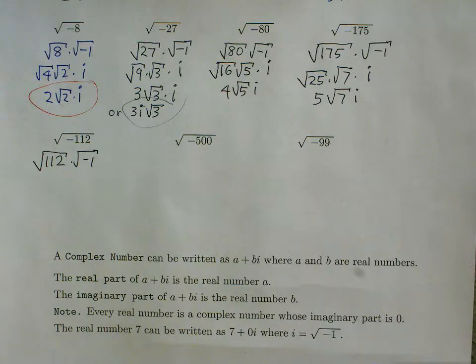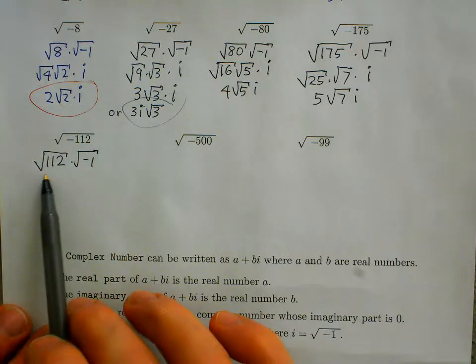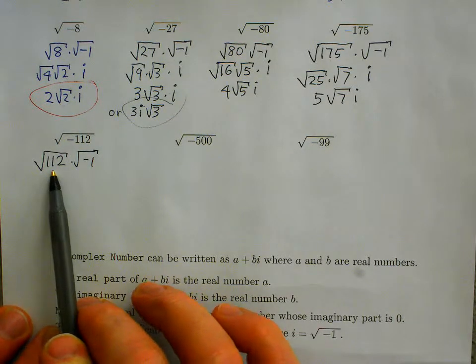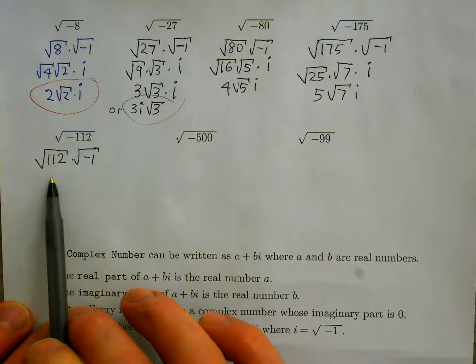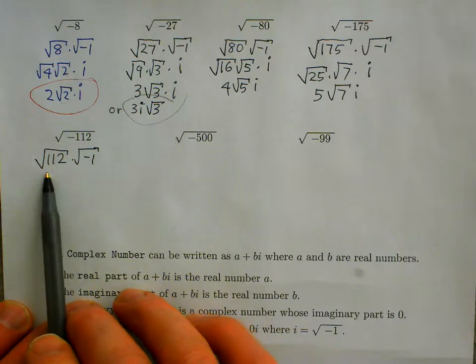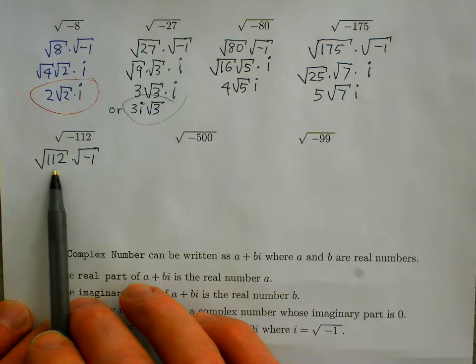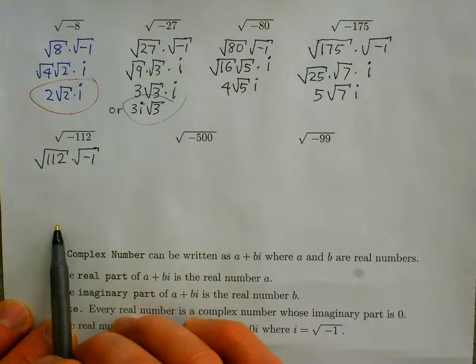16. 16 times 7 is 112. You could start out with 4. You could do 4 times 28, but then you'd note that 28 has a factor of 4 that's a perfect square also.